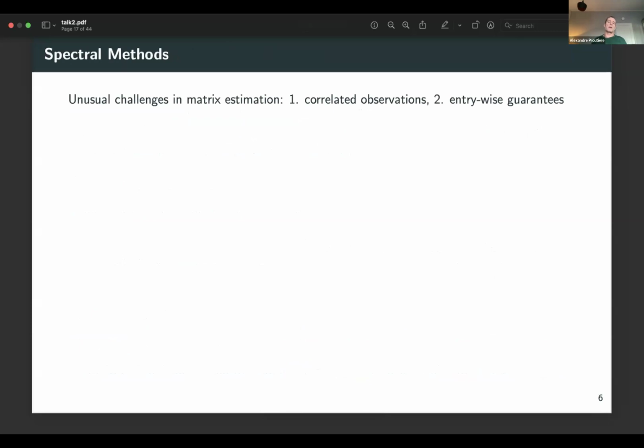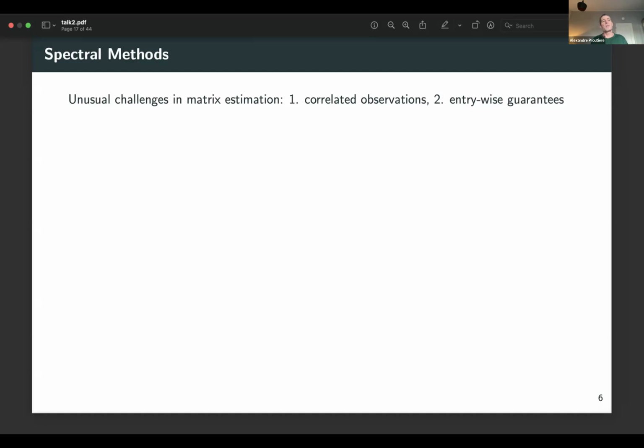So when you look at this problem, you face two unusual challenges in matrix completion or matrix estimation. First of all, you have correlated observations because you are observing a trajectory of a Markov chain. So the entries, for example, if you count the number of times you have a transition from one state to another, this entry will be correlated with the other entries because you are following a trajectory of a dynamical system.